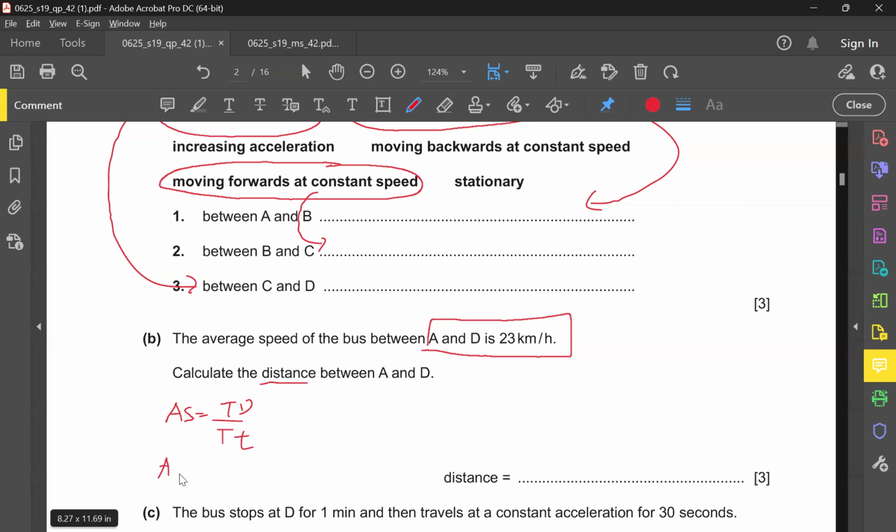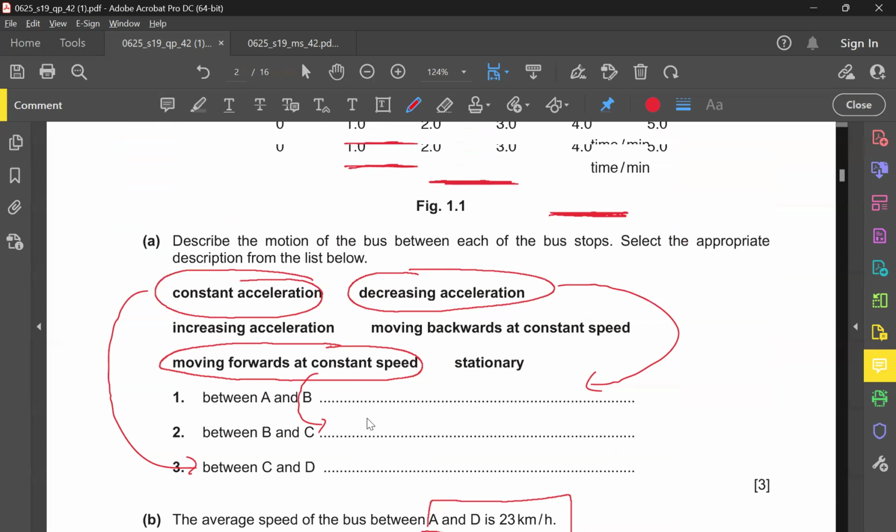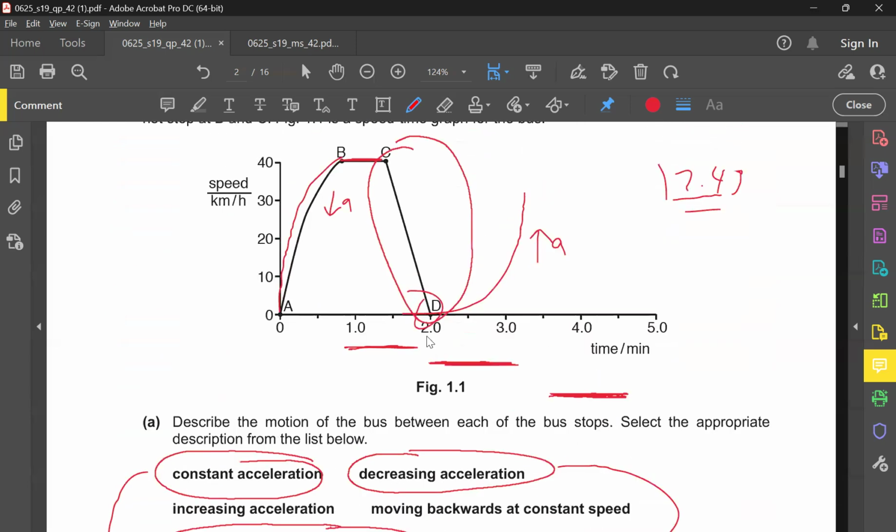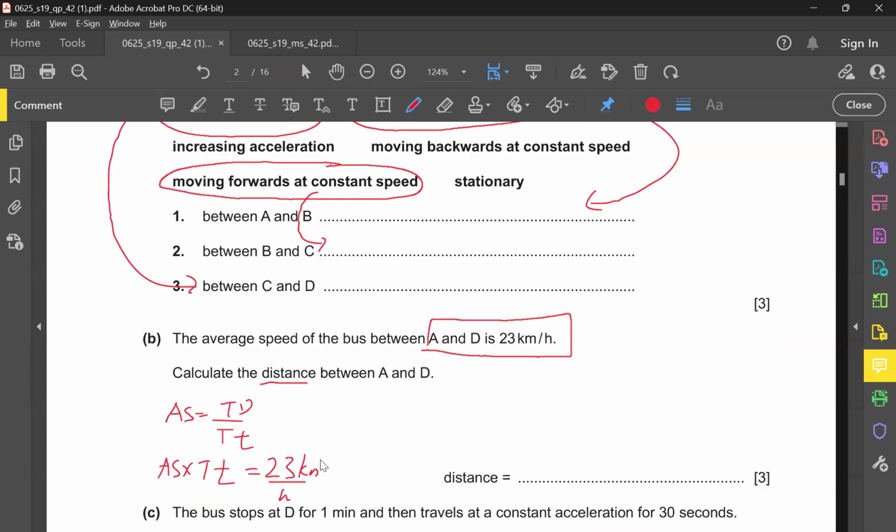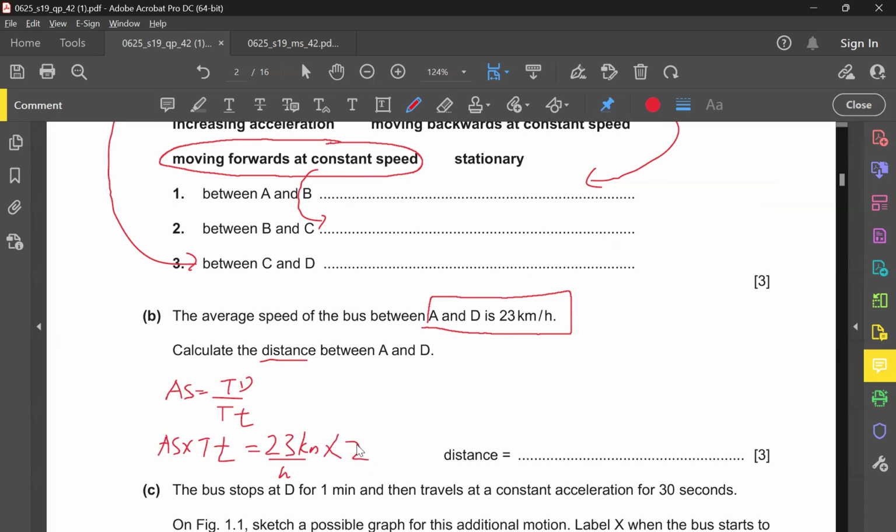In this case, I'll need to take average speed multiplied by the total time, which is 2 minutes. Yeah, it should be 2 over 60 because 2 is in minutes. I need to do 2 over 60 to find it in hours. Then you press in the calculator, you'll get an answer: 0.77 km.